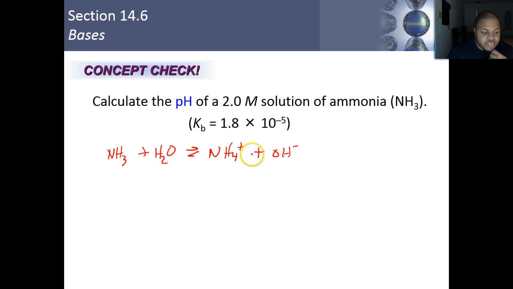Now, knowing that piece of information, it's ICE time. So ICE table, I know it's 2.0 molar. We know that water is going to be constant. This is going to be 0, 0 starting out. What's the change?